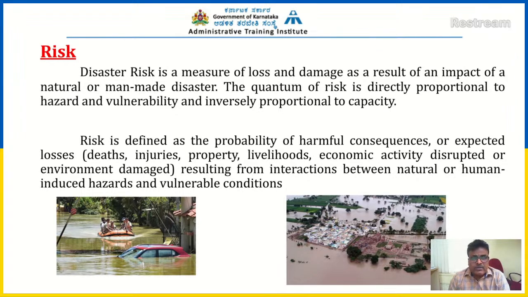So that means the Indian government is spending, not only the Indian government, across the globe almost all the countries have been spending a lot of money, not only for the recovery, but also to bring the situation back to normalcy.